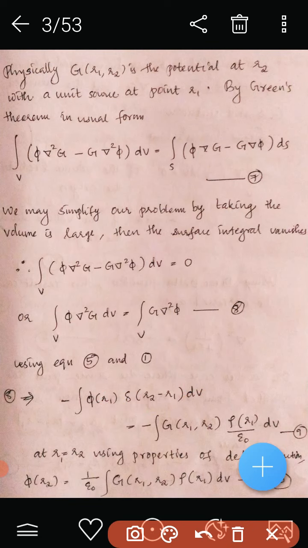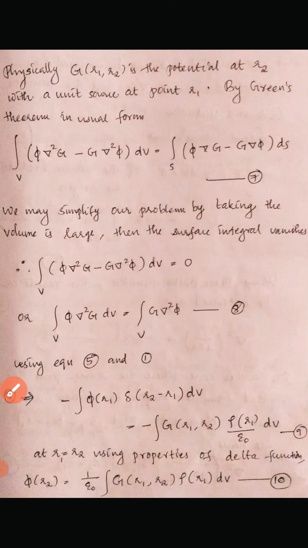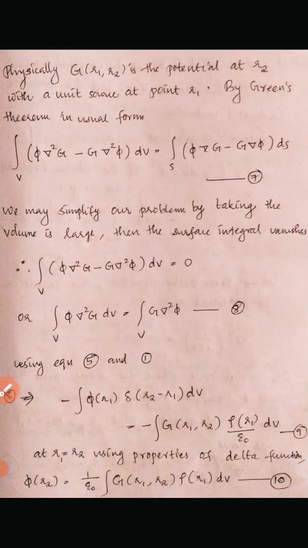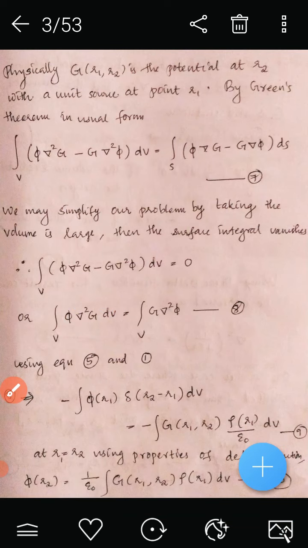So phi of r2 is equal to 1 by epsilon 0 g of r1 comma r2 into rho of r1 into dv. That is equation number 10. It is to be noted that we must use equation 5 to eliminate del square g. Here we use equation 5, then we can eliminate this del square g.